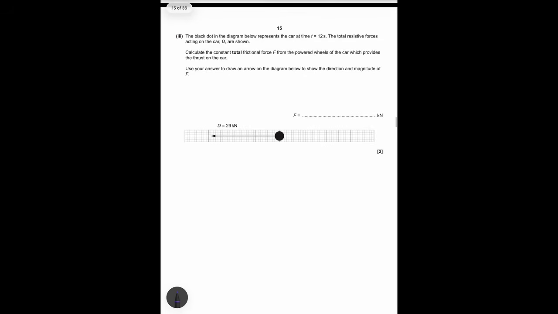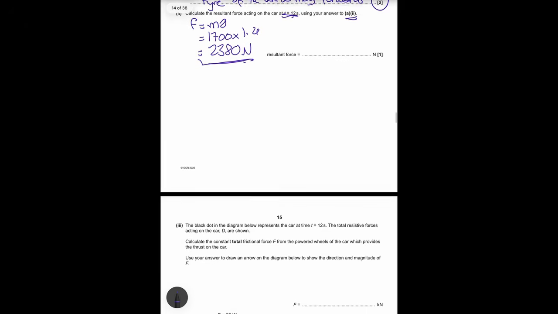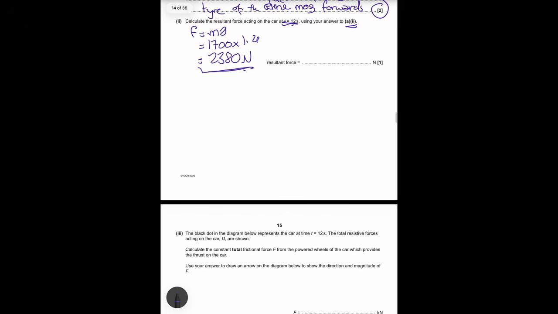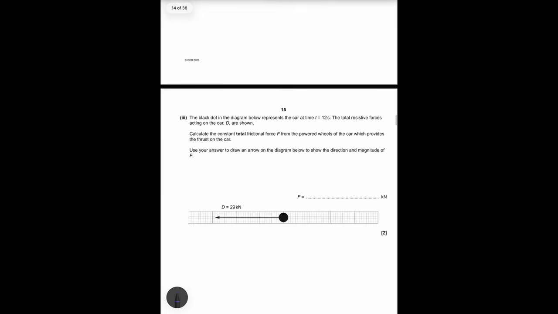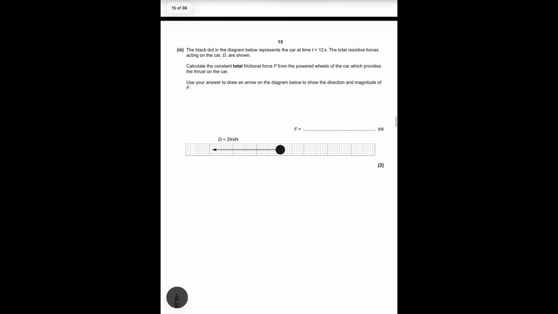Okay, so calculate the total frictional force which provides a thrust on the car. Well, what do I know about this situation? We've already said that the resultant force is 2,380. I know the resultant force equals 2,380, and I know that all the resistive forces are 29 kilonewtons.